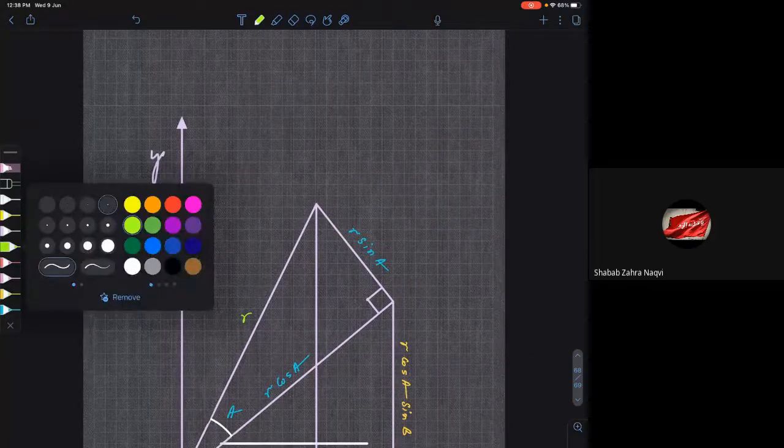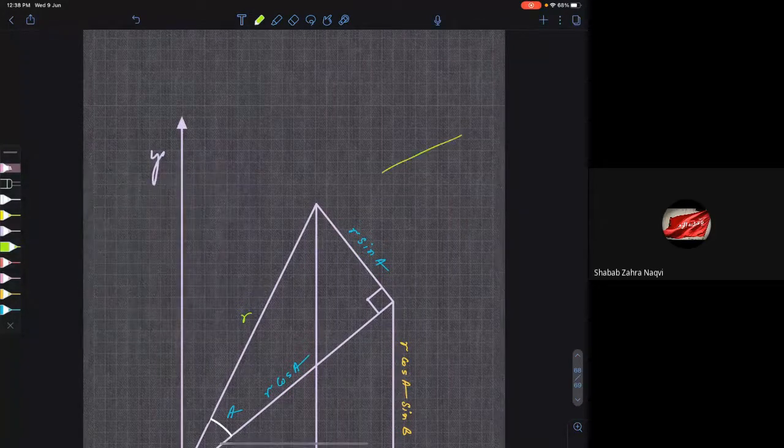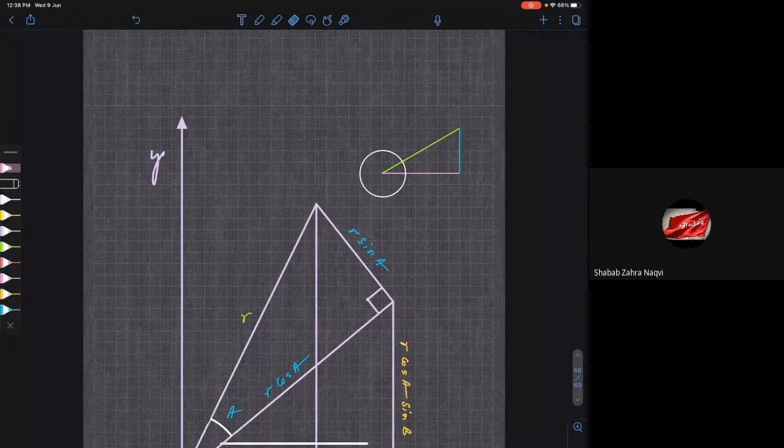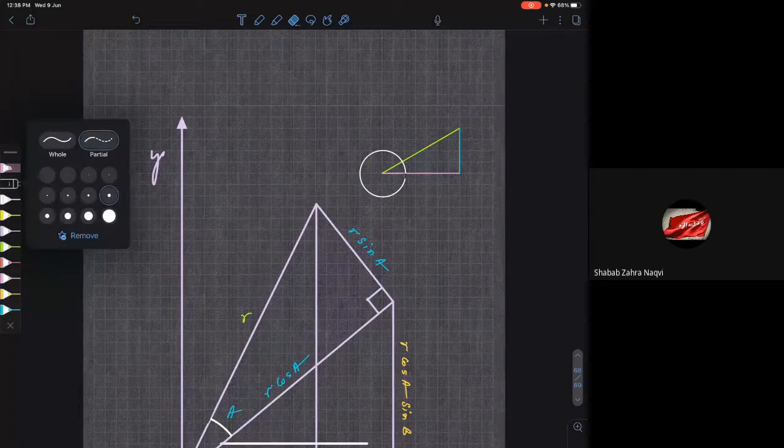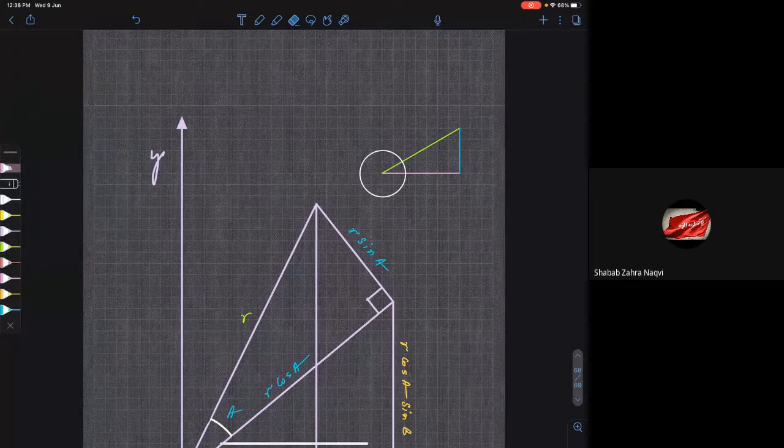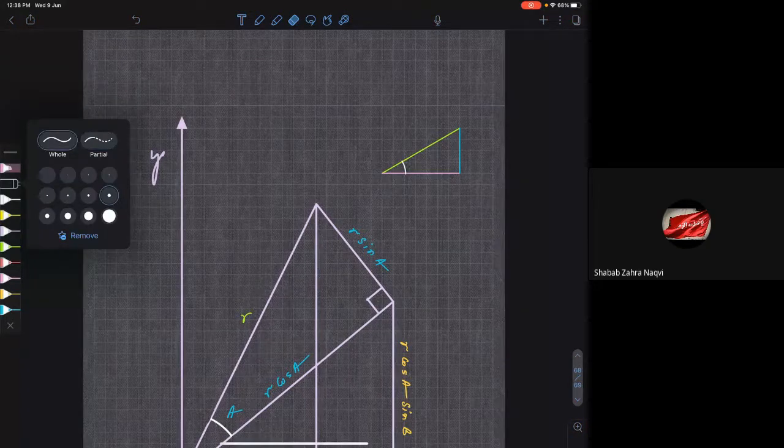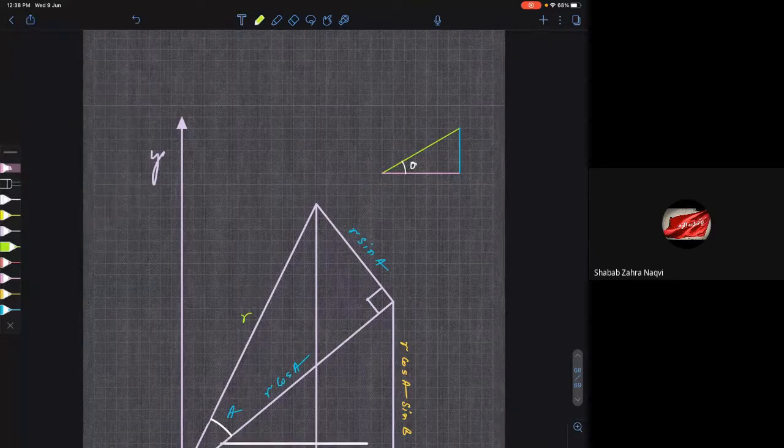When you have any right angle triangle, suppose this angle is theta and this is R, so this pink side will be how much?